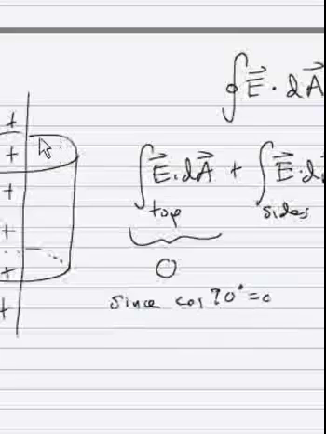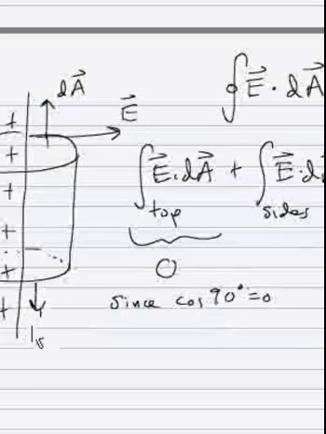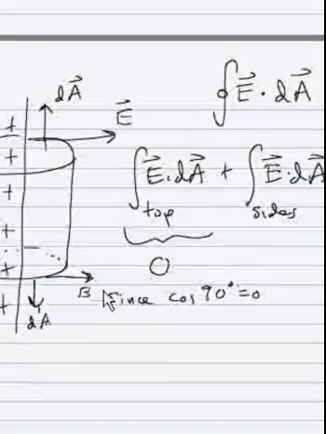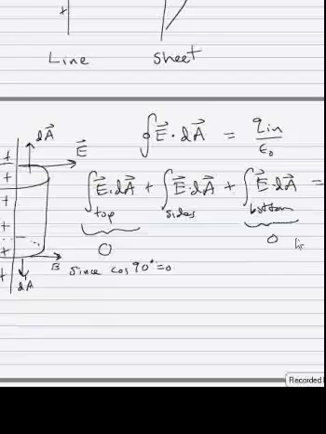Basically, my electric field is pointing this way, and my area vector points up out of the top surface, and so I get a 90-degree angle there. Similarly with the bottom, my dA is pointing outward from my Gaussian surface, and my electric field is perpendicular to the line charge, so I get 0 for E dot dA over the bottom.